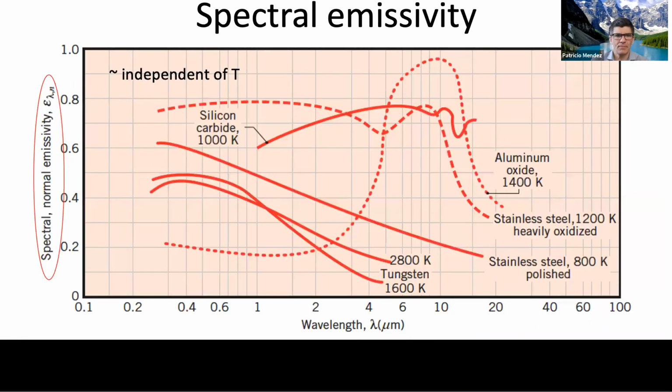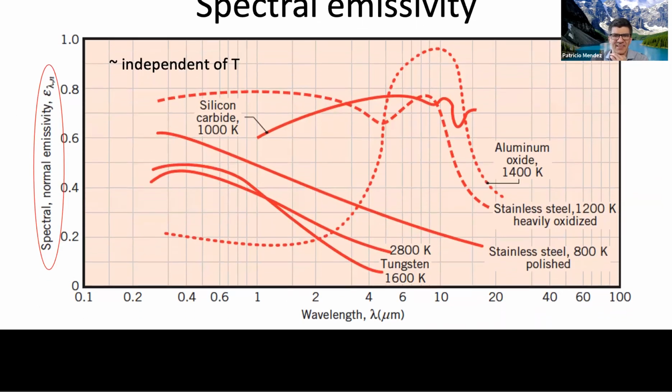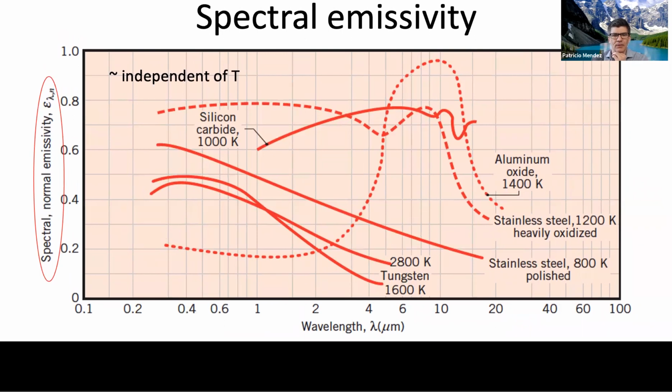So, spectral emissivity. The spectral emissivity is, for a real body, how much radiation is emitted at each wavelength. We get to see that for different wavelengths, things like, for example, aluminum oxide are low and then they are high, and they can be low again.